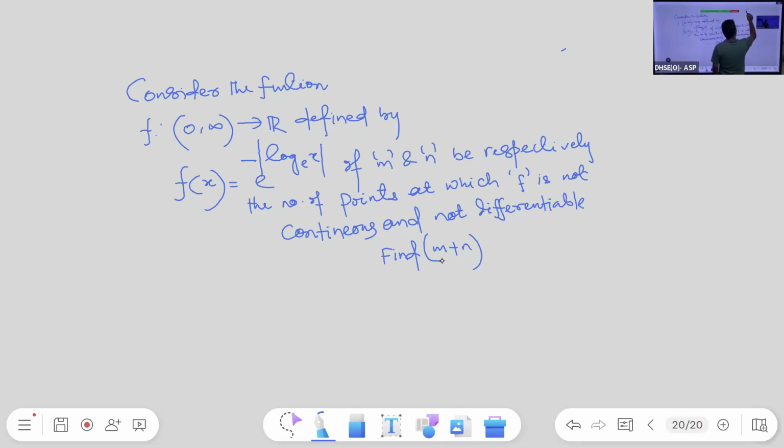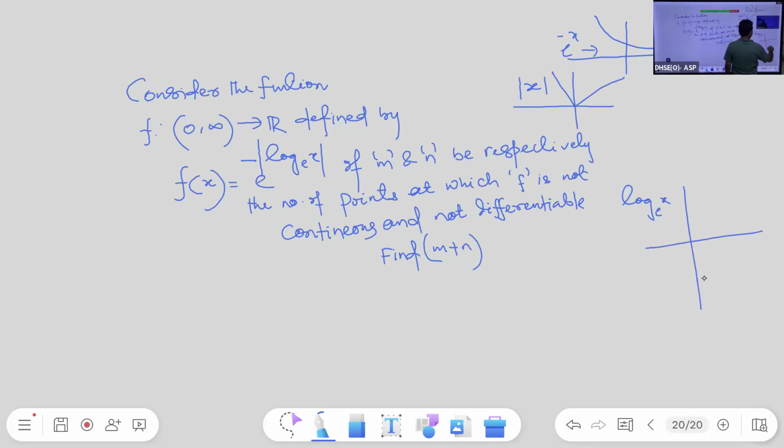E power minus x is continuous everywhere because the graph of the function is like this. Mod x is continuous everywhere because the graph of the function is like this, and log x is continuous everywhere in its domain, that is 0 to infinity.